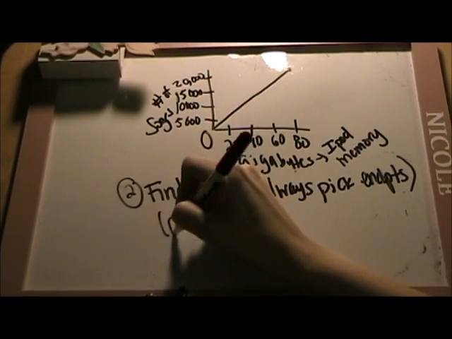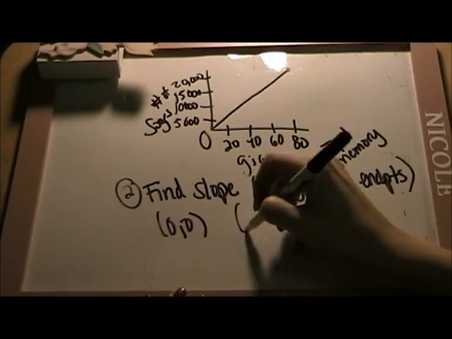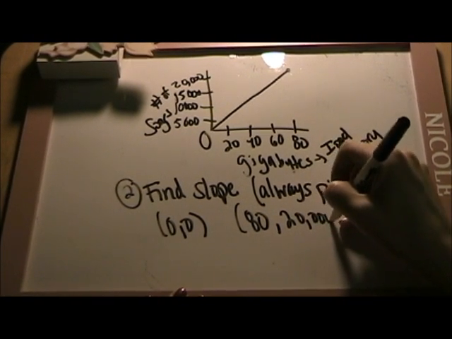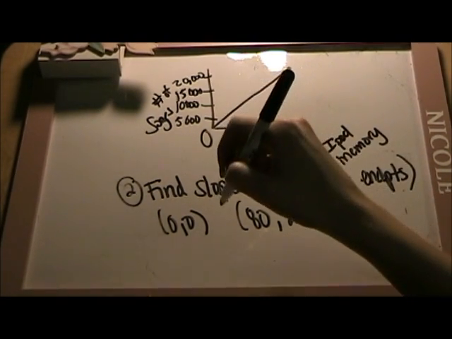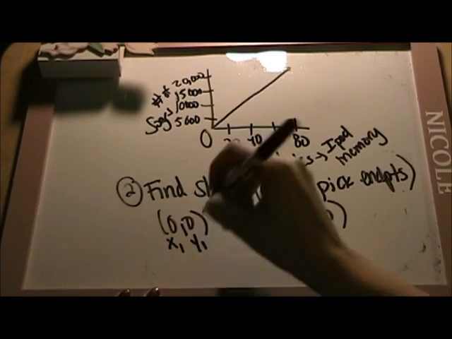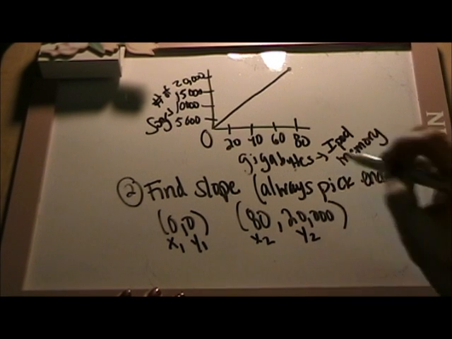So our one endpoint was 0, 0, and then this point is clearly defined as 80, 20,000. So we're going to plug this into the slope formula. x1, y1, x2, y2.